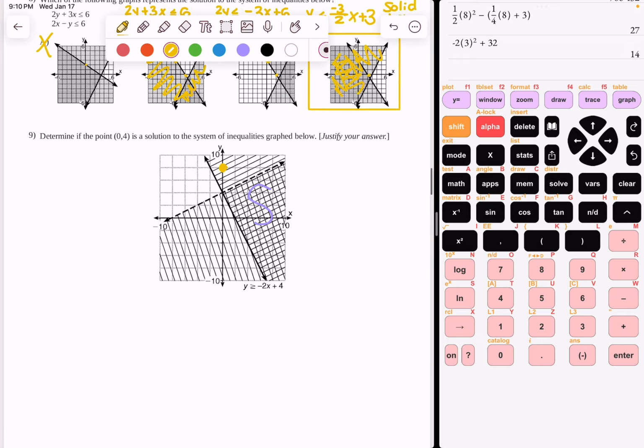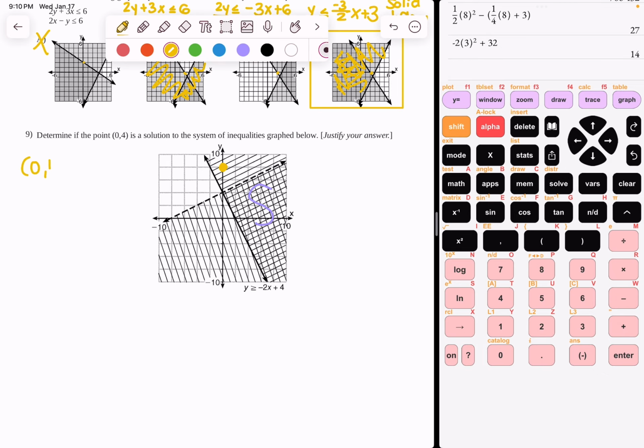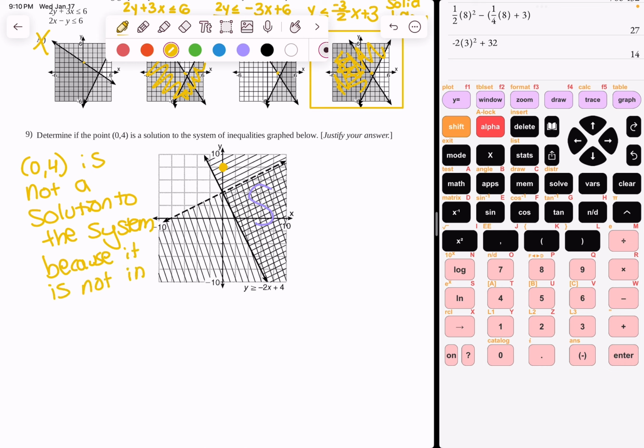So we would say 0, 4 is not a solution to the system because it is not in the double shaded section.